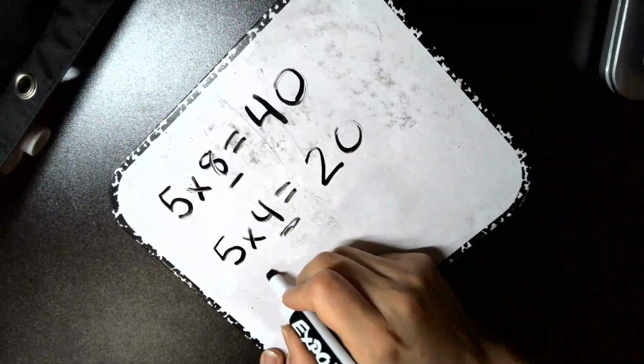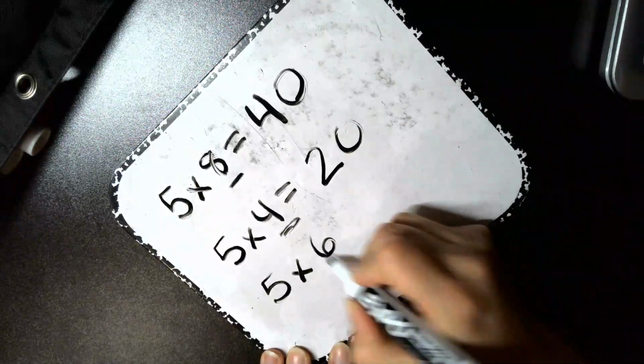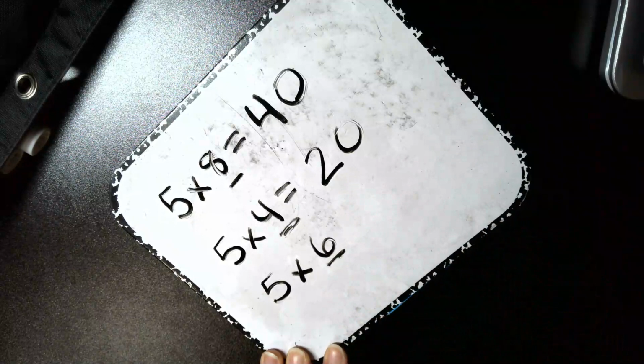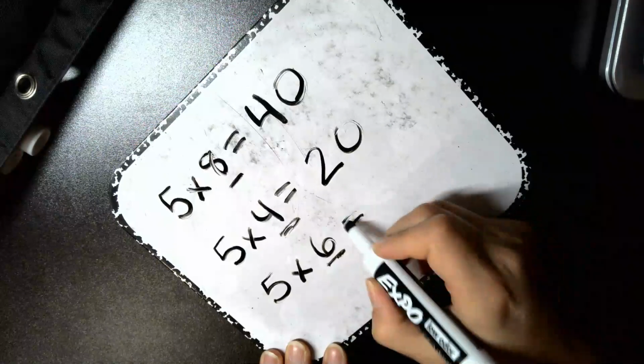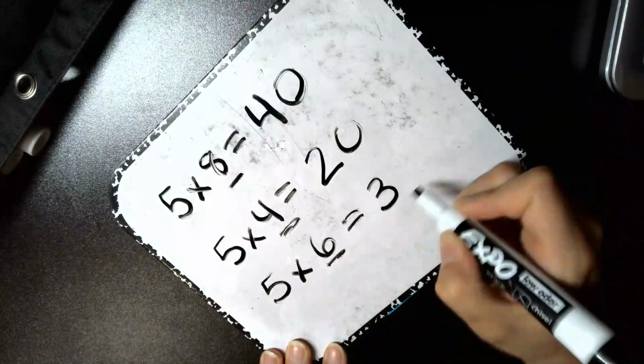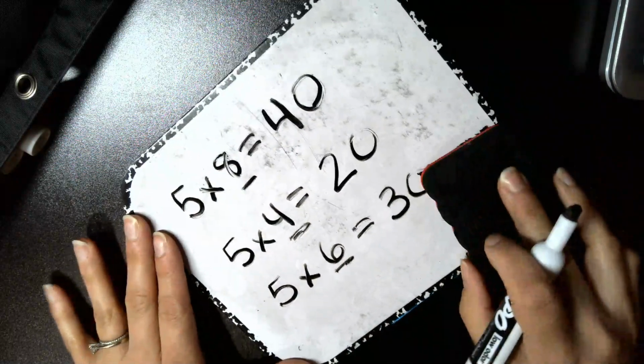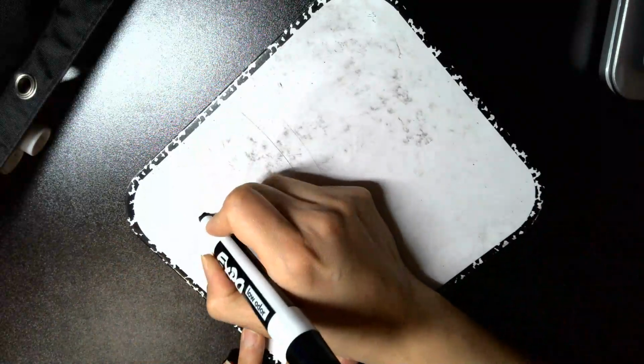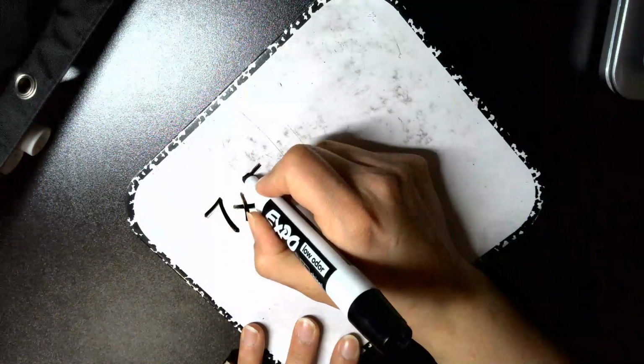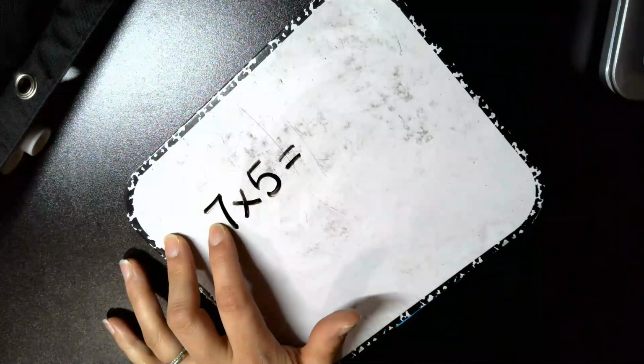Another even number, 5 times 6. 6 is even, 2, 4, 6. And we do half of 6, and that gives us 3. We add a 0. Okay, so that's how you can do the 5's really nicely. Now, if you have a number that's not an even number, then 7 is not an even number.